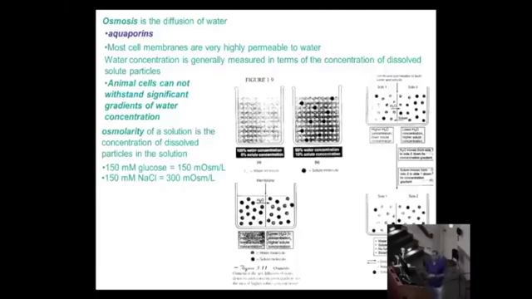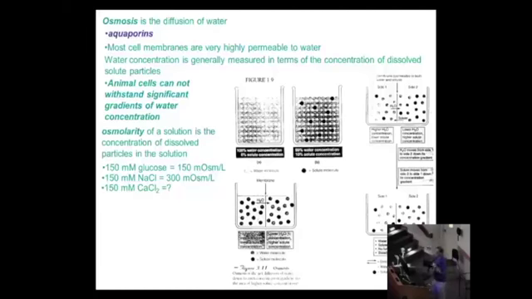Because as you guys remember way back from inorganic chemistry, nightmare comes back, it haunts you. Sodium and chloride separate in solution, and they become separate ions. And because they become separate ions, they're separate particles. So 150 millimolar sodium chloride is actually 300 milliosmoles per liter, because each molecule of sodium chloride becomes 2 particles in solution, okay?